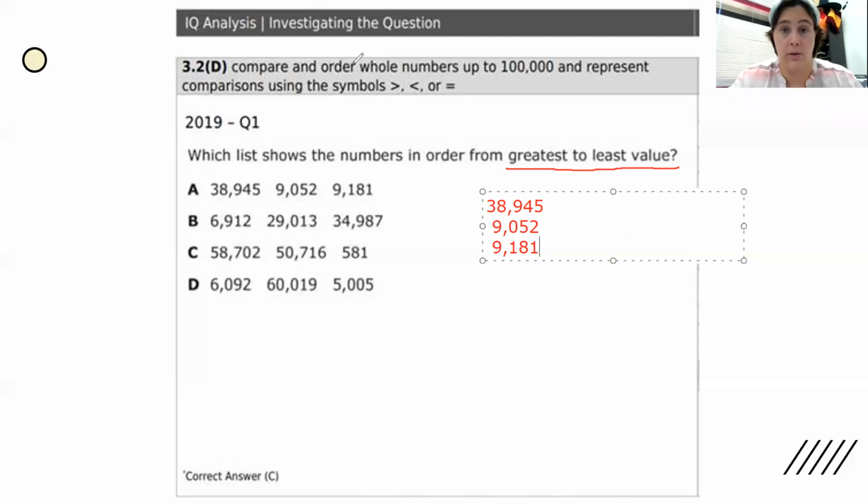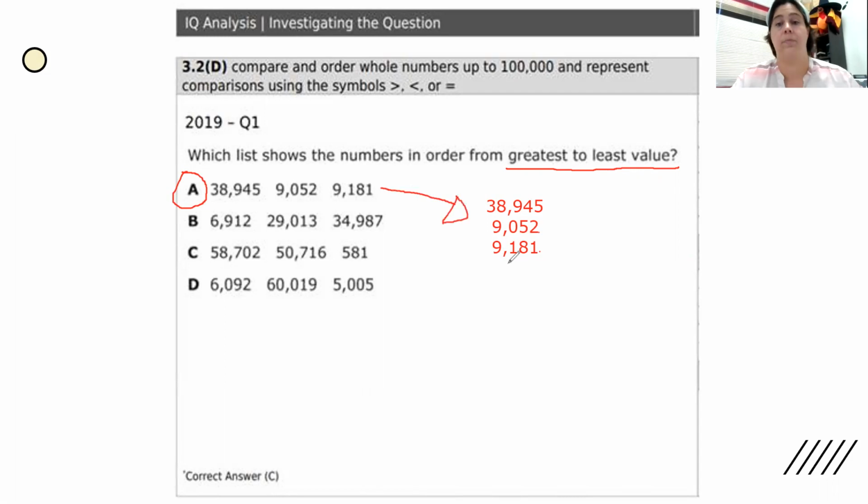You guys can see this, okay? So we're working on A right now. All right, I'm looking at it. It says from greatest to least. Well, 38,000 is a very high number, higher than the other two 9,000 numbers. So that looks good. Then we have for our second one 9,052.